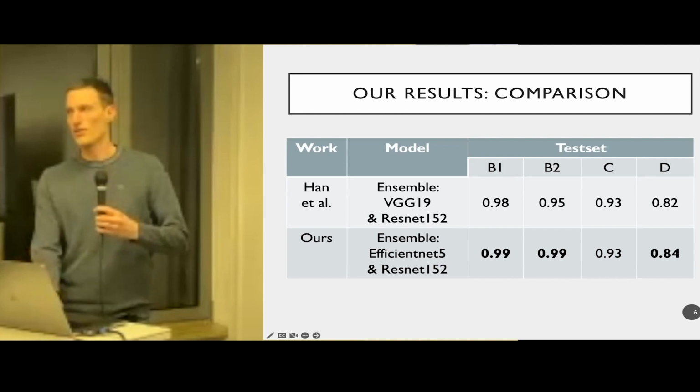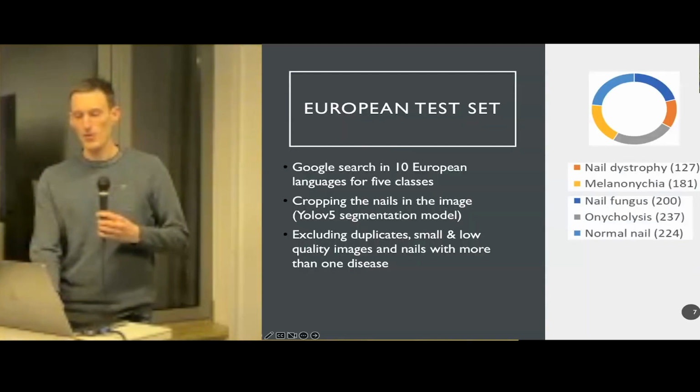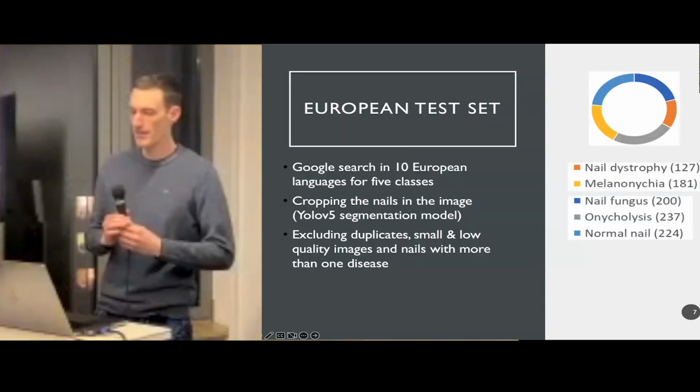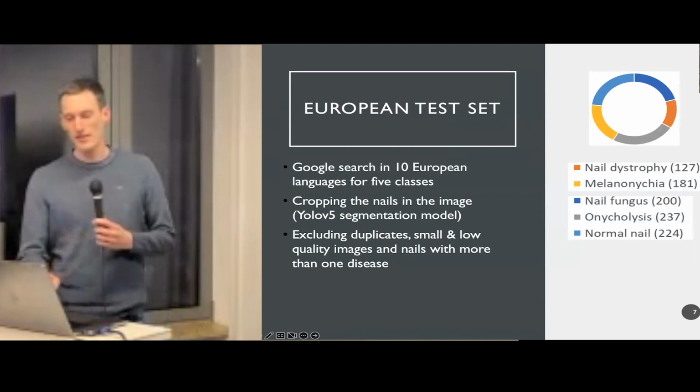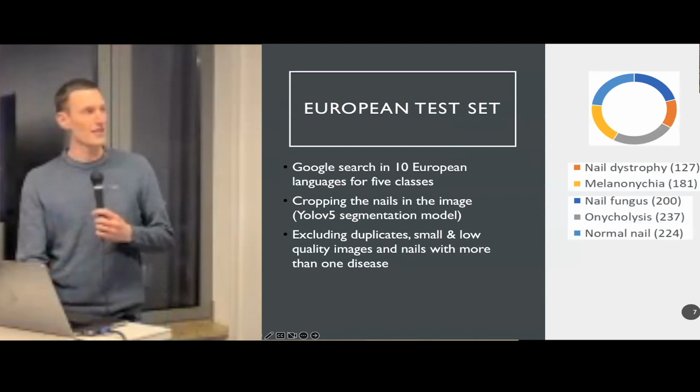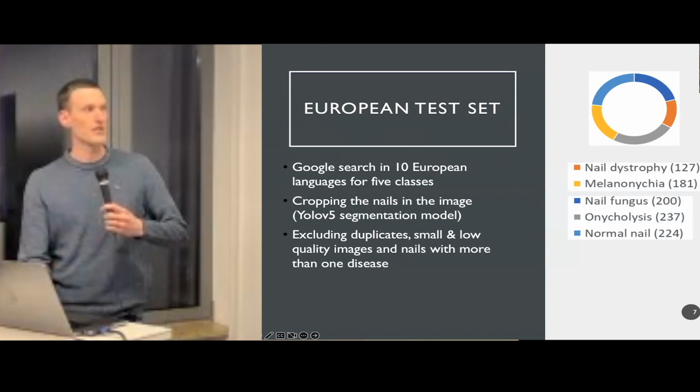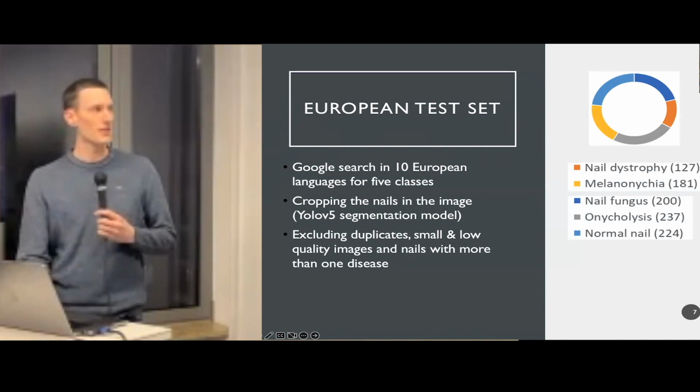And also we wanted to see if these results transfer to Europe, because this was only a Korean data set. So that's why we decided to come up with a test set of European nails from 5 different classes, and we scraped these images from Google using 10 European languages.